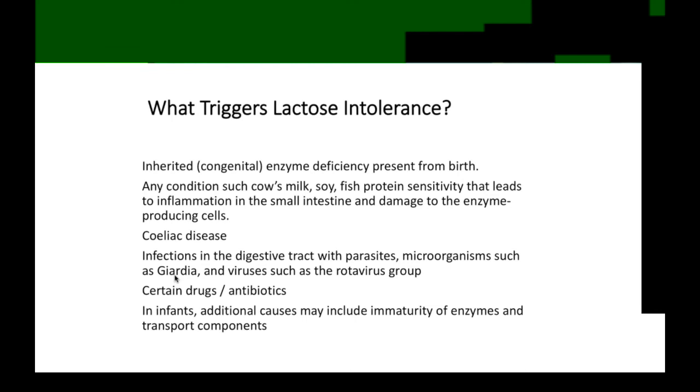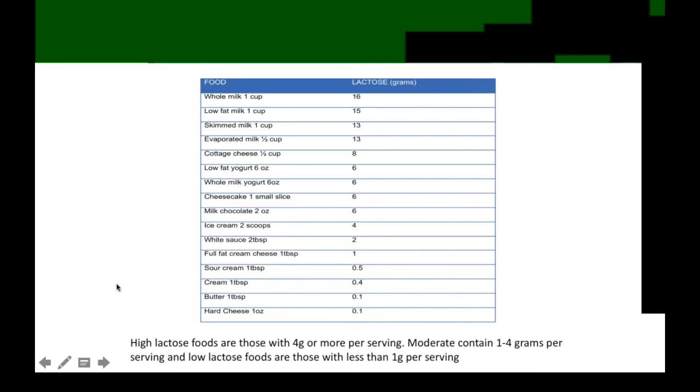Also, if you have got a parasitic infection, you've got viruses, you've got Giardia, you've got bacterial overgrowth in the colon, this can also affect lactose intolerance, because often there is a lot of systemic inflammation. So, you know, for some people, it may be temporary, it may not be long term.